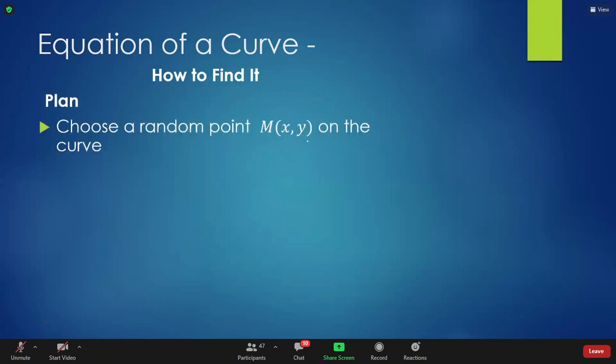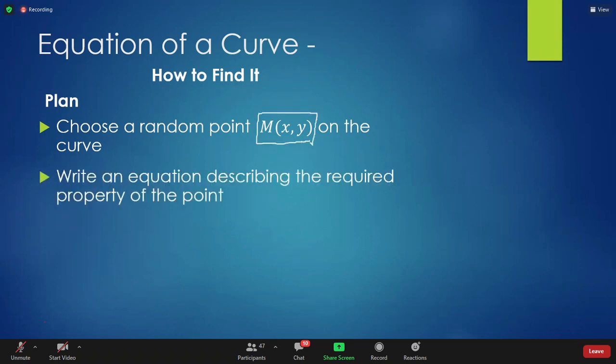And then we need to write an equation of any kind that can describe this required property of the point. We will have an example very soon, and we will have this plan on the next screen as well. I'll go through this one more time, just with an example.